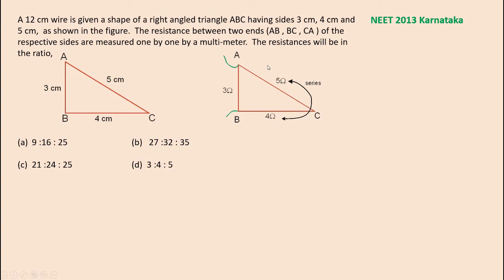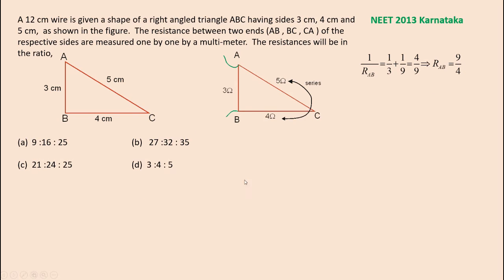What is the measurement given by the multimeter? 4 ohm and 5 ohm in series gives 9 ohm, 4 plus 5. This 9 ohm is in parallel with this 3 ohm. So to find the effective resistance, 1 by RAB is 1 by 3 plus 1 by 9, which will be 4 by 9. So RAB is 9 by 4. This will be shown by the multimeter.